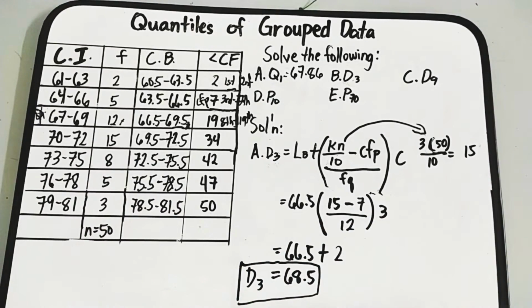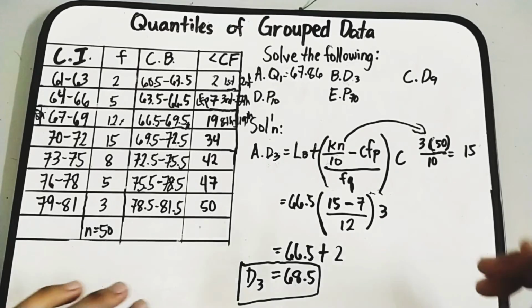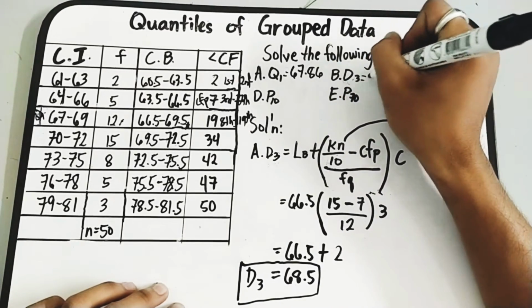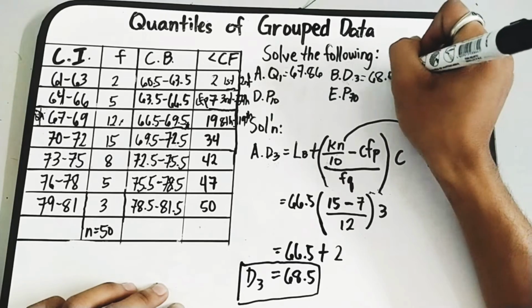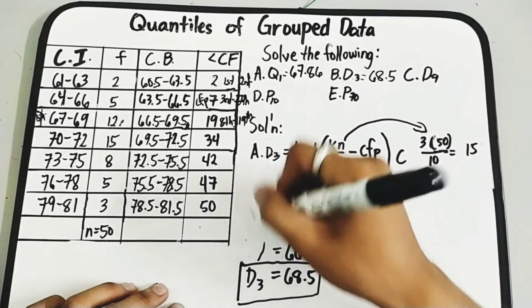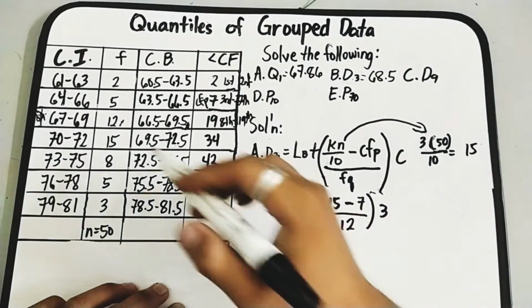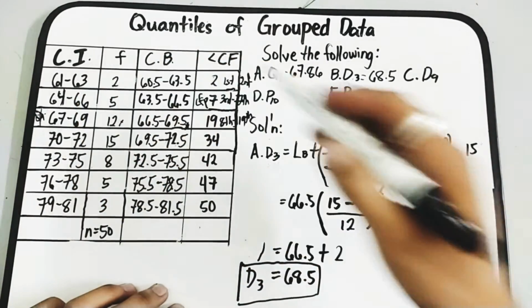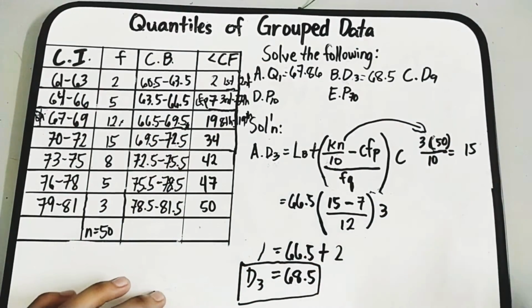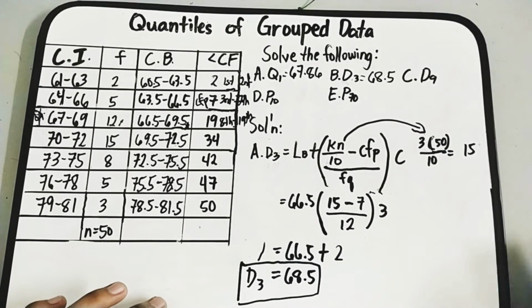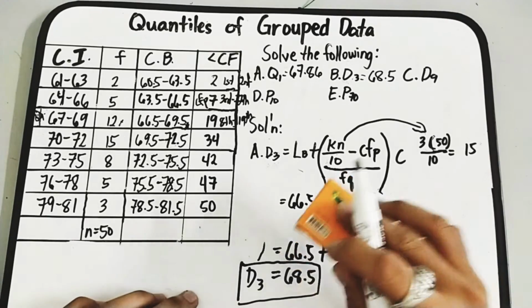Ayan, 68.5. So, decile 3 is 68.5. And again, dapat pasok siya sa scope or boundary ng mismong class na pinagkuhanan. Okay, ito din yung ating decile 3 class. So, ngayon hanapin natin yung ating decile 9. Okay, we have decile 3, 68.5.